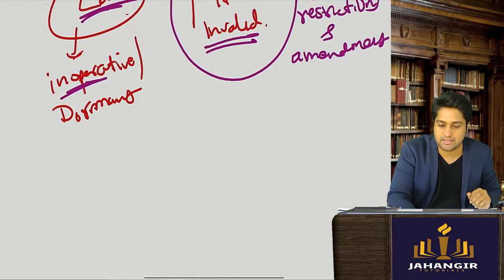So why do they call it the doctrine of eclipse? As long as the constitutional fundamental rights restrictions are there, this law will be eclipsed. This restriction is eclipsing, that is, covering the law. If the restriction is removed, if the eclipse is gone, this act will be valid again.